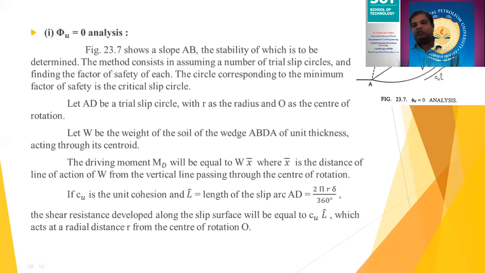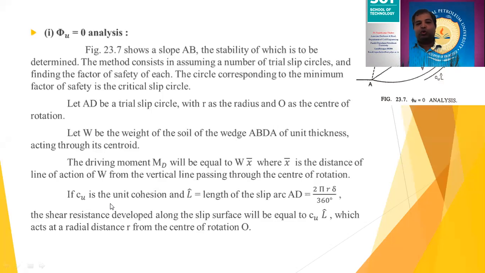This is a clockwise moment, where x bar is the distance of the line of action of W, the centroid distance, from the vertical line passing through the center of rotation. Now, let us go further.